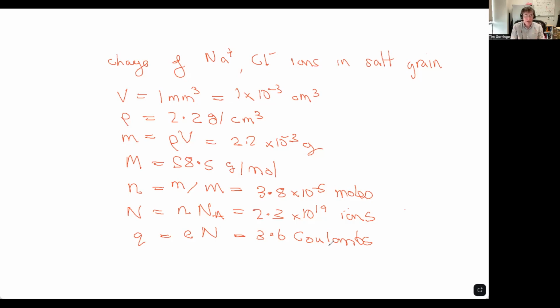So that amount of charge is huge. And if you had two isolated charges equal and opposite of those values, that would be enormous catastrophic forces between them. It's amazing to imagine that even within a tiny grain of salt, there's this huge hidden volume of electrical charge that unleashes powerful electrical forces.